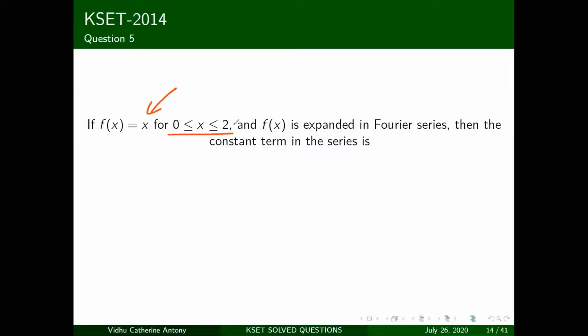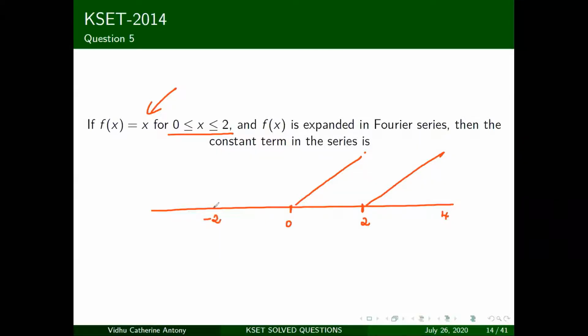Now let me plot this for you first. You have 0, you have 2. Let's put this here, and you end up having f of x equal to x. Then you have another interval, 0 and 2 and 4, and you end up having x again.